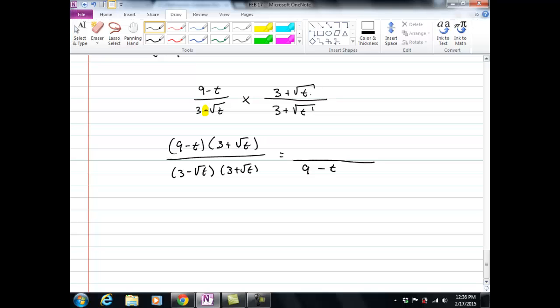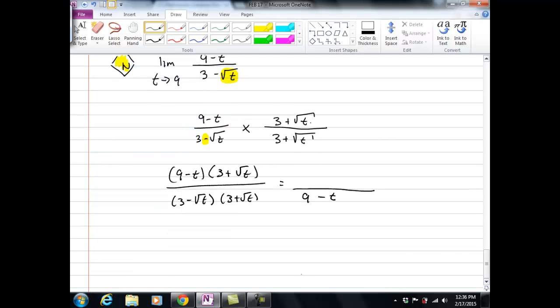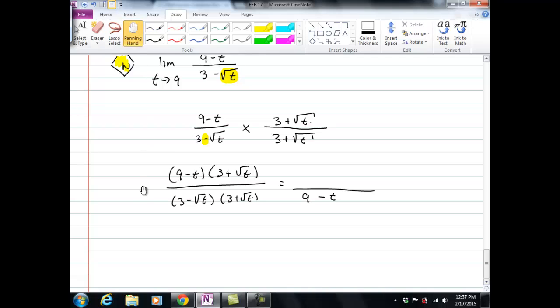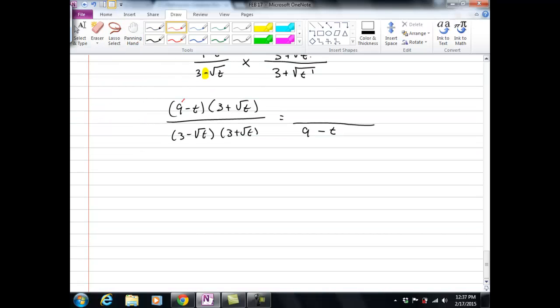Expand the top, and make sure you do it correctly. This is going to be 27 plus 9 root t minus 3t minus t root t. That's what you should have.